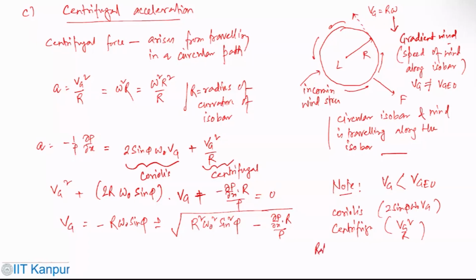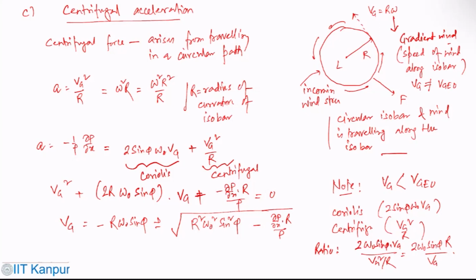So the ratio is 2 omega naught sin phi Vg over Vg square by R, so that gets 2 omega naught sin phi R by Vg. So one can get an estimate between Coriolis and centrifugal, which is going to dominate, and try to find out what is going to be important or not. Okay.